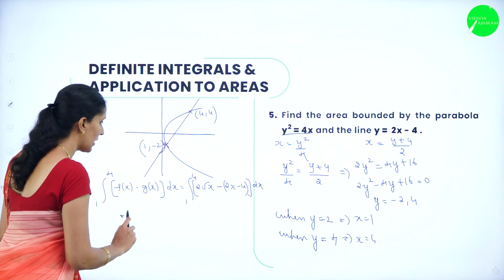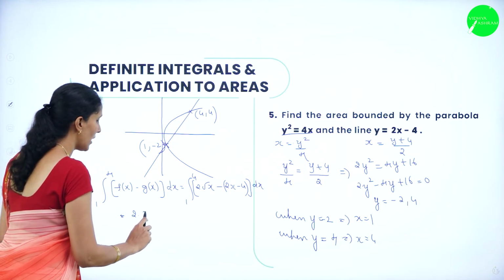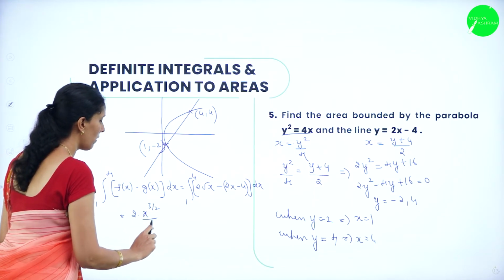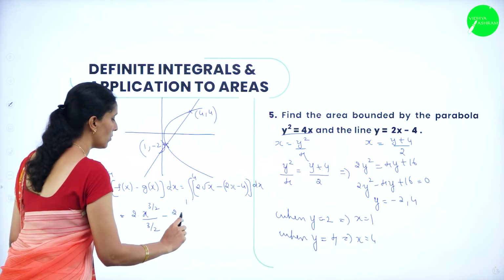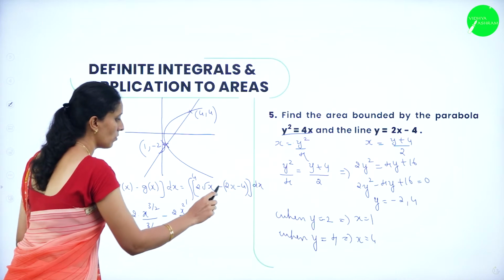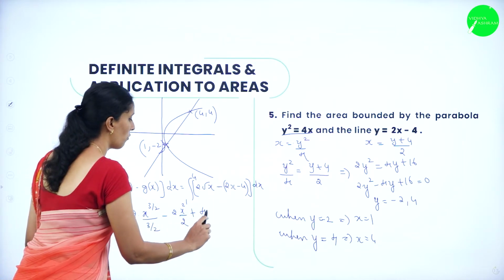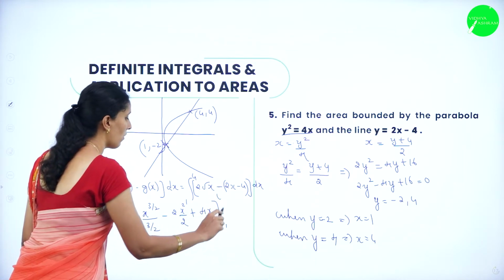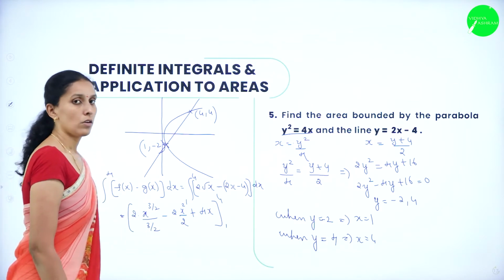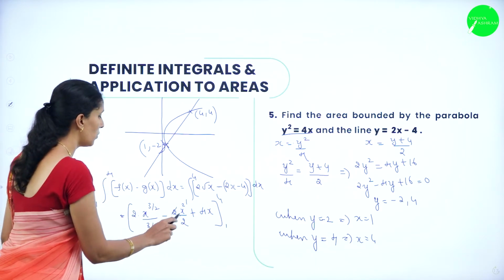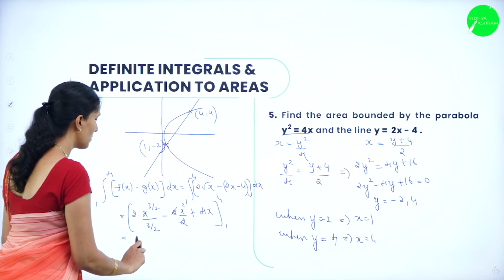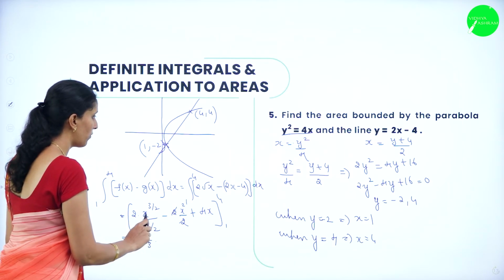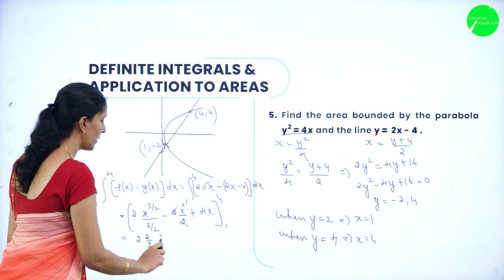So the value will become 2 into x to the power 3 by 2 divided by 3 by 2, and here we have minus 2 into x square divided by 2, minus into minus is plus 4x, integral 1 to 4. Here the 2 gets cancelled. Let us substitute 4 here. So the value becomes 2 into 2 by 3, and if you put 4 here, it is 2 cube, 8.